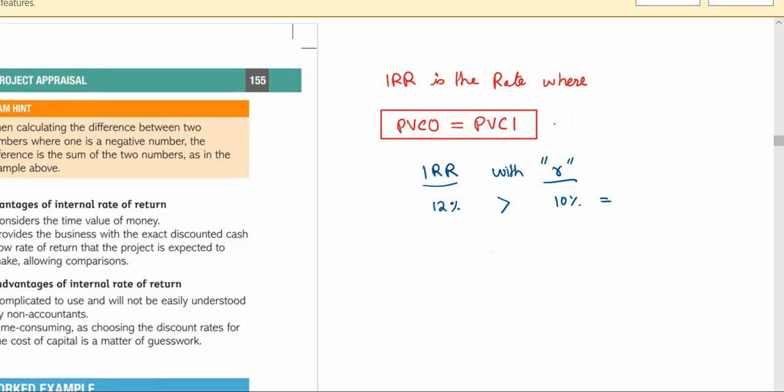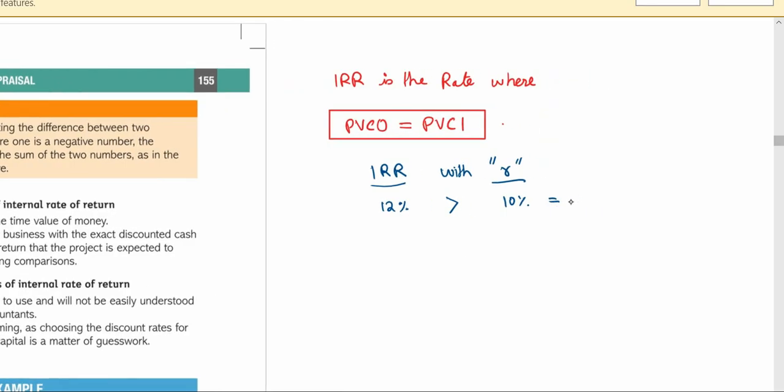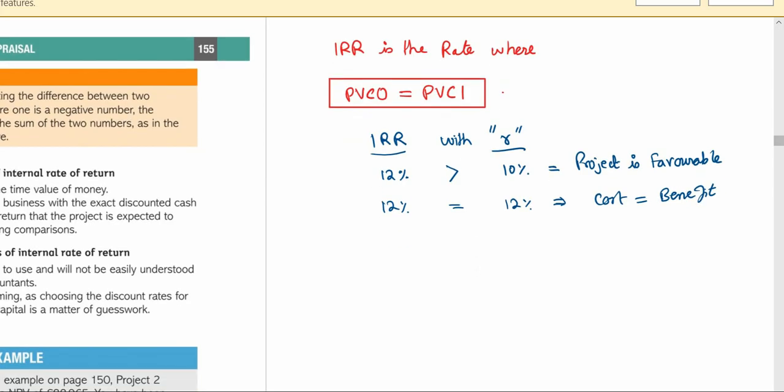So this project is worthwhile or favorable. If the IRR is 12% and the market rate of interest is also 12%, it means cost and benefit equalize. Cost equals benefit, so it is up to you whether you want to invest or not.